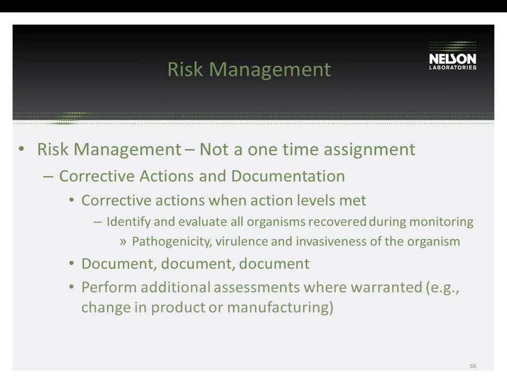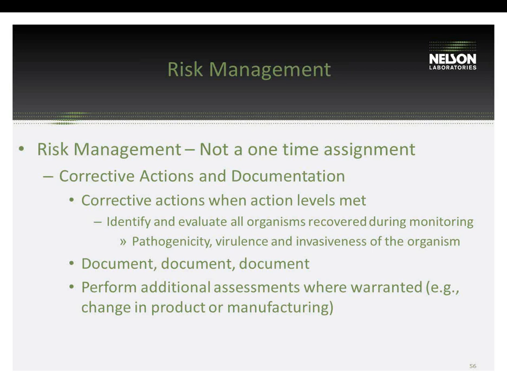Once you've had the acceptance criteria set, you always want to continually have corrective actions and documentation, having corrective actions when action levels are met, or looking at trending. Document everything. Honestly, if the FDA comes in, it's always best to have everything available.